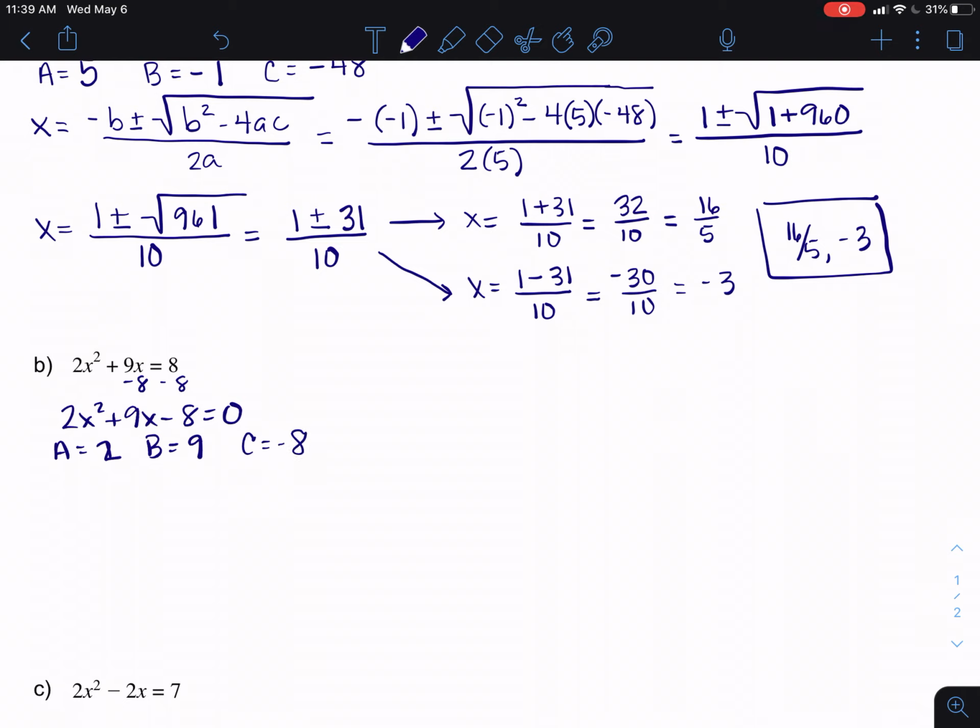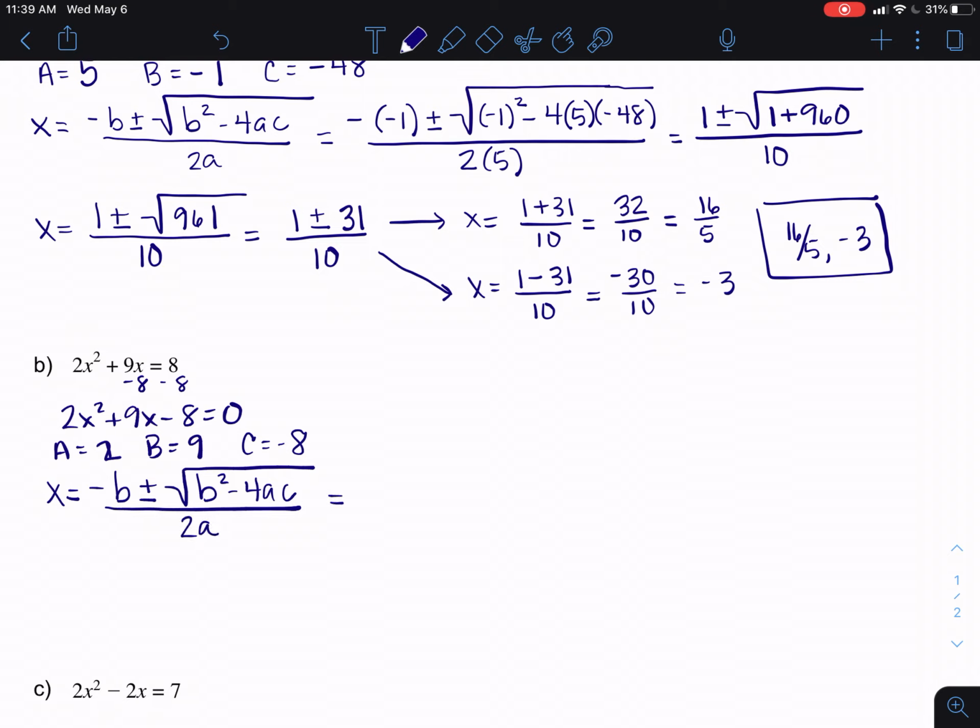And then we have our equation, x equals negative b plus or minus the square root of b squared minus 4ac all over 2a.